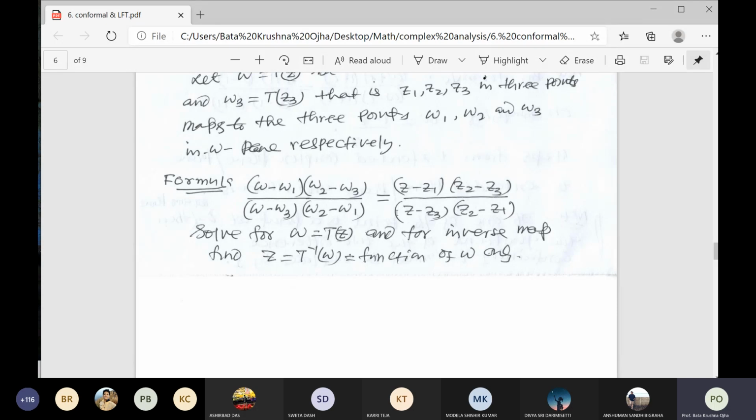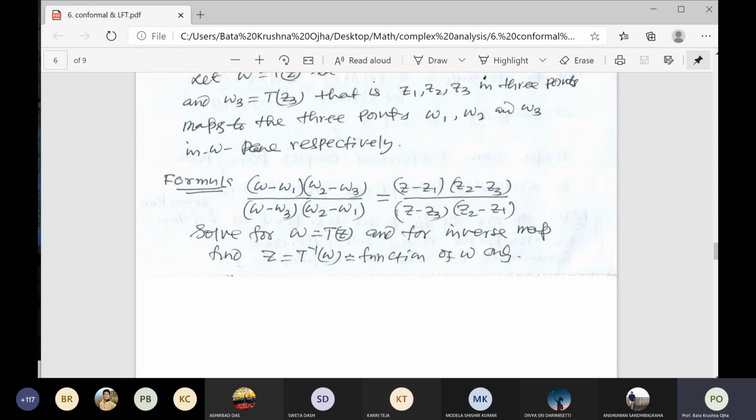In that case, what will we do? Suppose W1 is equal to infinity; Z1 maps to the point at infinity in the W plane.